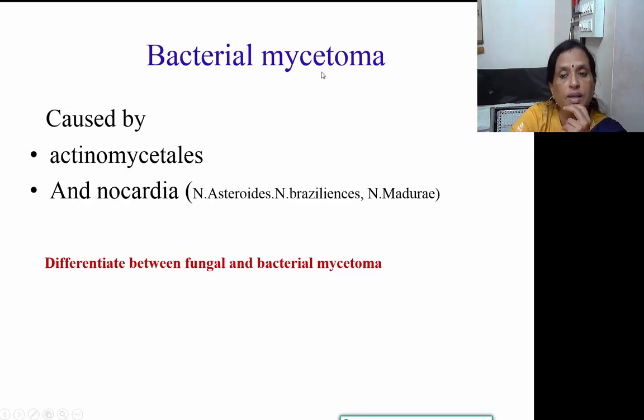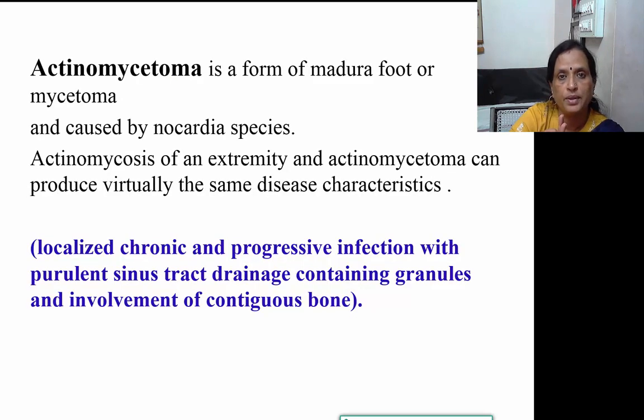Nocardia is another organism that causes Madura foot, but we have to differentiate between fungal and bacterial mycetoma. Sometimes we talk about actinomycetoma, a form of Madura foot or mycetoma caused by Nocardia species. Actinomycosis of an extremity and actinomycetoma can produce virtually the same disease characteristics. I told you, grossly we cannot differentiate, biopsy is a must.